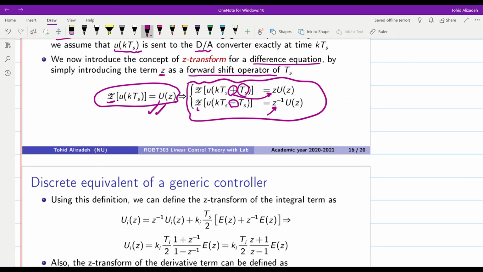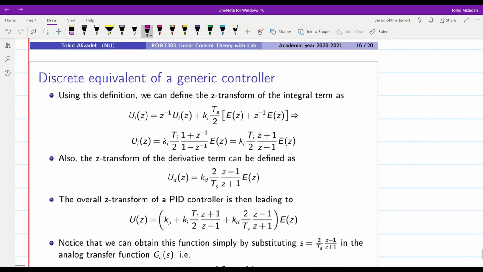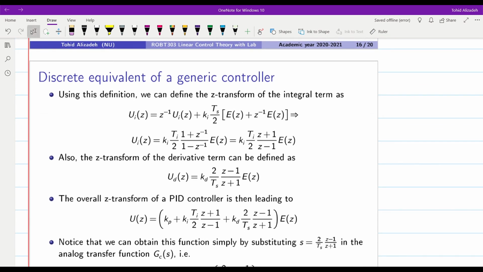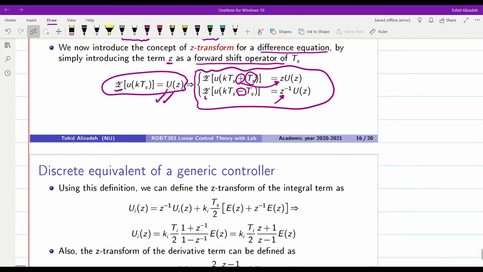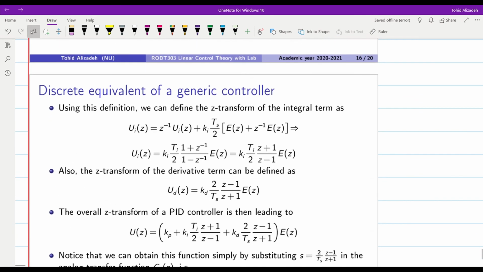So here, instead of having the integral or derivative action in the time domain, we have the forward or backward shift operator.